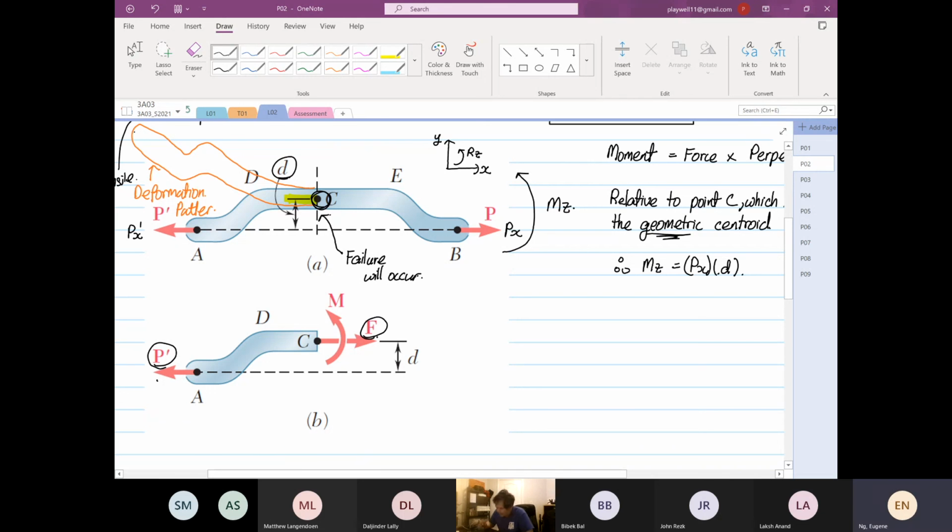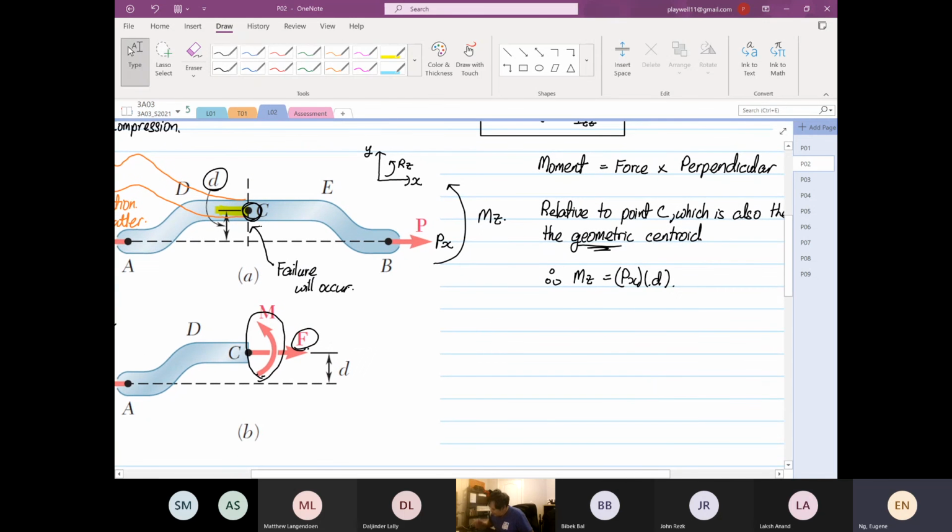Because of how the moment is applied, this is the moment about Z, again Newton's third law. That's why the moment is going in this direction over here. Action equal to reaction, same in magnitude, different in direction. So if I write down the formula again, the stress in the Z direction equals Px over A. F over here is also equal to Px.